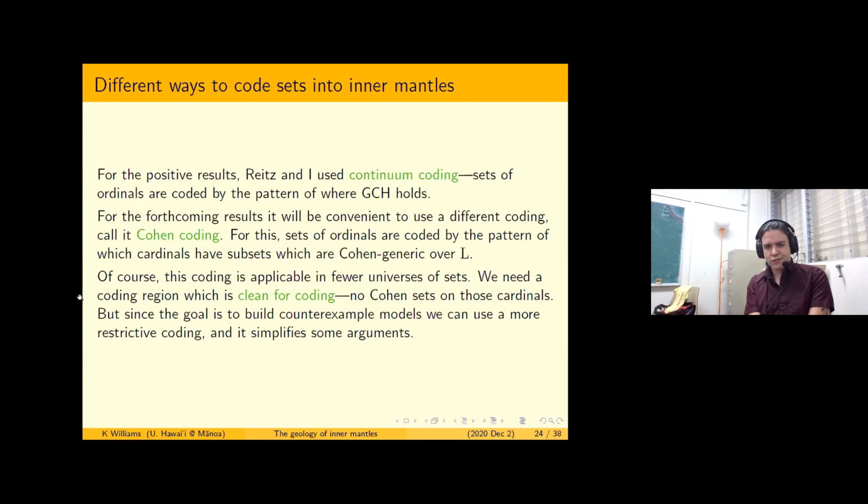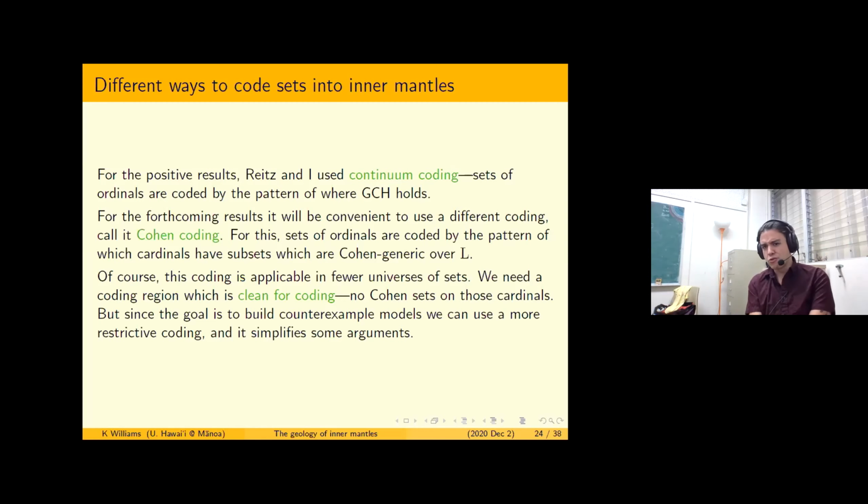Of course, this coding is applicable in fewer universes of sets. If your model already has a Cohen generic over L for every cardinal, then you can't do any coding because you're just going to have this big long sequence of ones and you can't get rid of that.